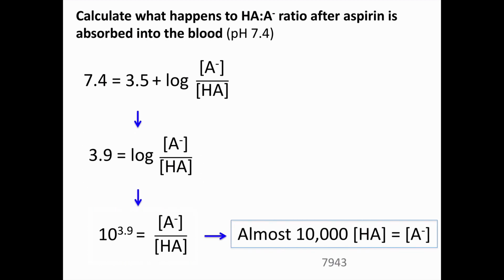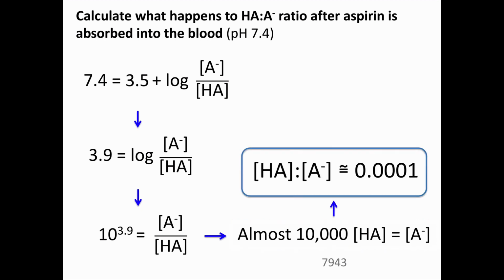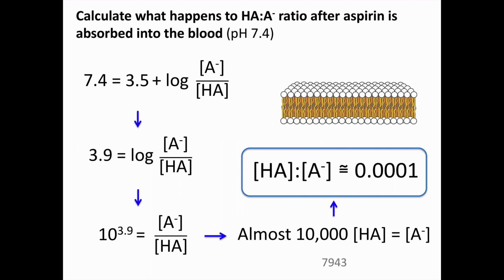Almost 10,000 times HA equals A minus. In fact, the actual number is 7943, but you probably won't need to be able to calculate these things exactly. Or the ratio of HA to A minus is about 0.0001. The charged conjugate base, the acetylsalicylate ion, predominates, and it remains in the slightly alkaline environment of the blood, while only a tiny amount of drug is reabsorbed back into the stomach lumen.